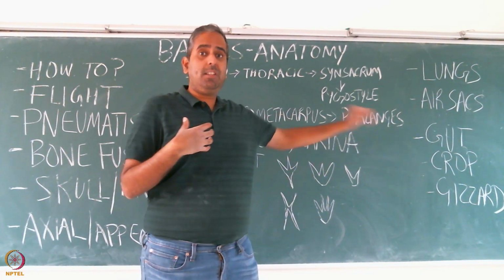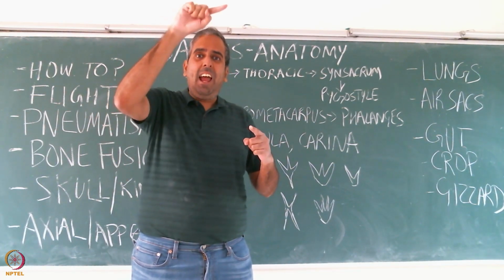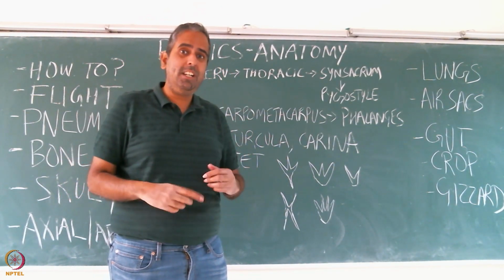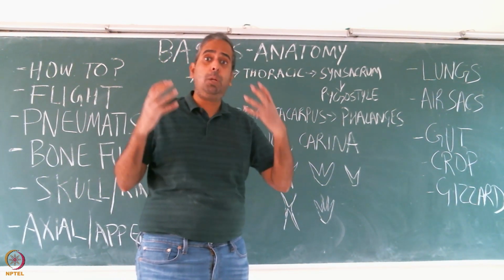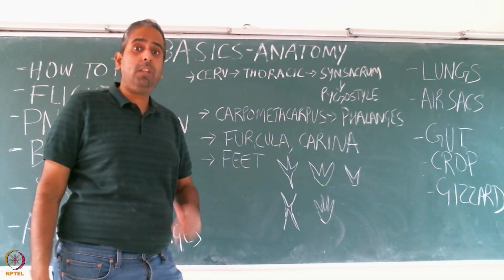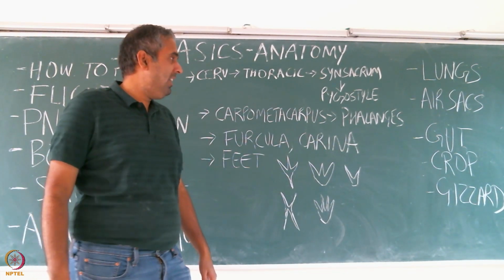A bird's lung does not have that because of the air sacs. So the air doesn't mix, and you've got unidirectional airflow, which is very good for getting the extra oxygen that you need to power a demanding activity such as flight. I'm going to go into that in a little bit more detail in my lecture on physiology.